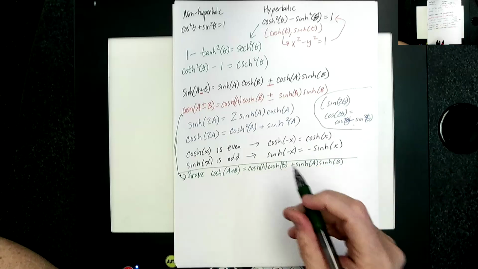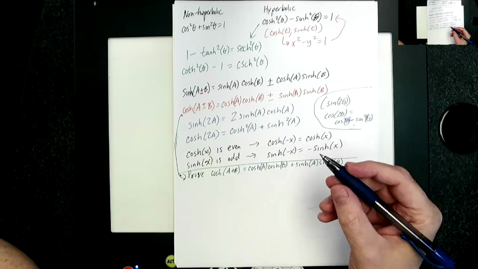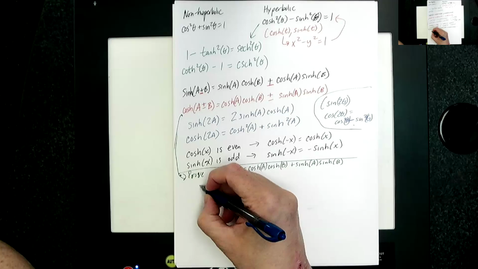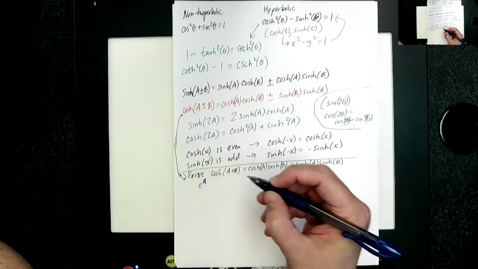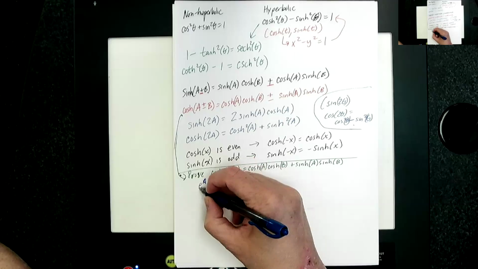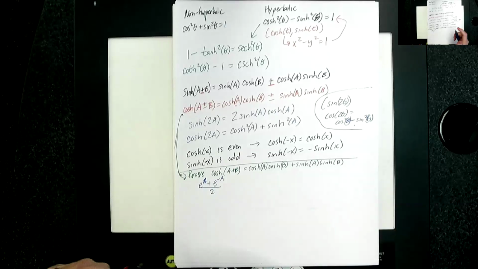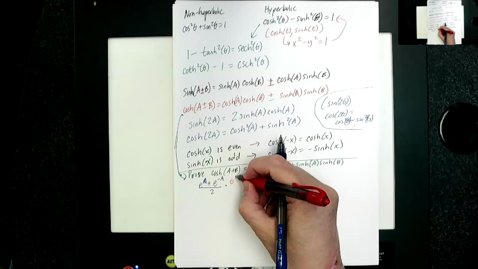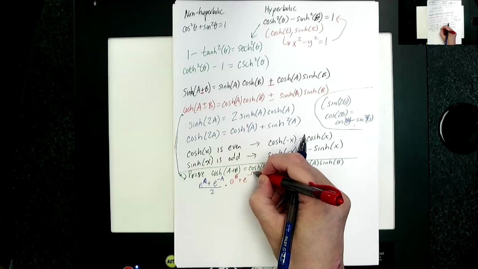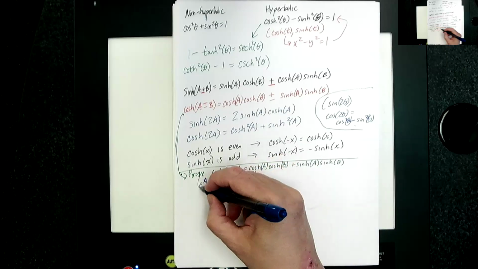So cosh A is, I'll do my A's in blue and my B's in red, e to the A plus e to the negative A over 2. And then cosh B is e to the B plus e to the negative B over 2. And maybe I should put these in parentheses. It looks like we're going to have to distribute.